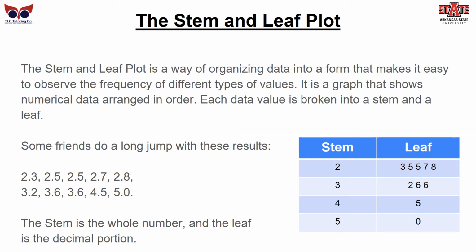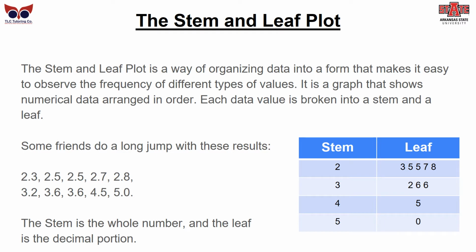The stem and leaf plot is a way of organizing data into a form that makes it easy to observe the frequency of various types of values. It's a graph that shows numerical data arranged in order. Every data value is broken into a stem and a leaf. For example, in this one, we have 10 data points and they're all decimals. The stem is the whole number, 2, 3, 4, or 5, and the leaf is the decimal.